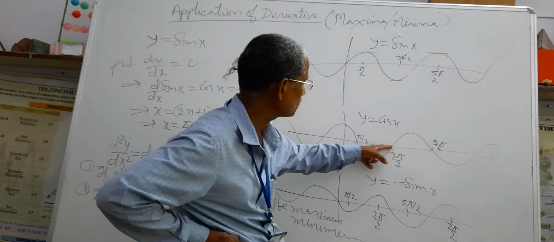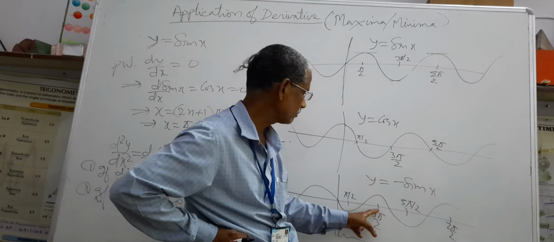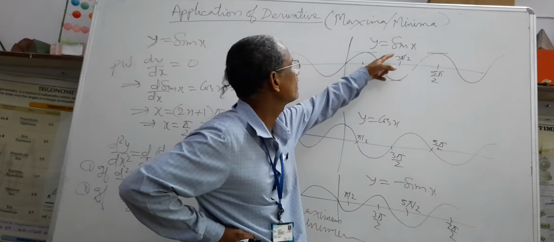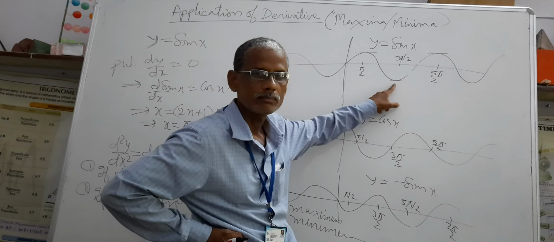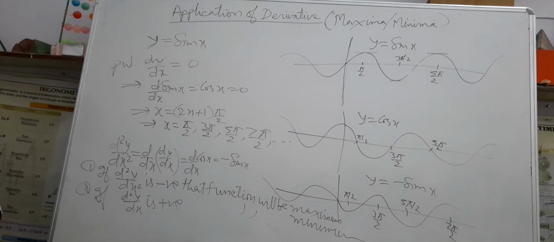At 3 pi by 2, d dx gives 0, but at 3 pi by 2, double derivative is positive. Clearly see that at 3 pi by 2, original function is minimum. So this is working rule for numerical questions, algebraic questions or trigonometric questions.